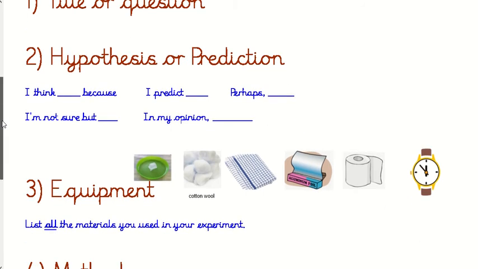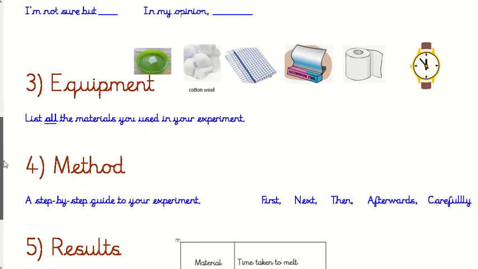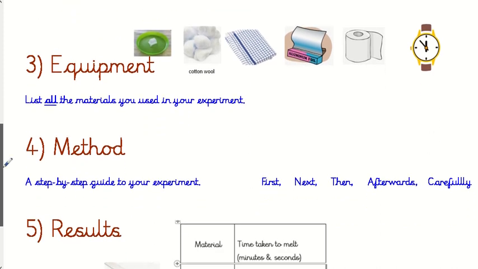So step 3 then of your scientific report is to list all the materials that you used in your experiment. So we're really thinking about the equipment that we use now. When I say a list, you might decide to draw a picture of the materials you used and to label them with a caption.